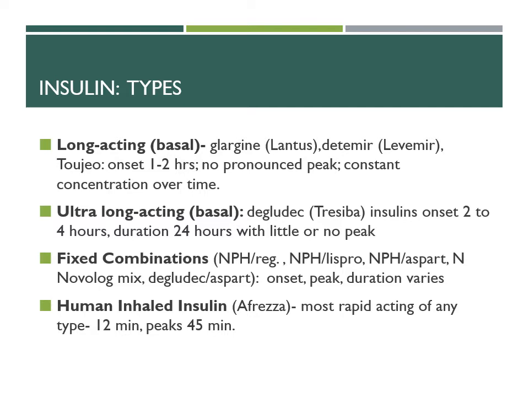But they are cheaper, so sometimes we will need to use them. And then there is human inhaled insulin, which I haven't seen, but which may be used in some settings. Afrezza, which is the most rapid acting of any type, with a very quick onset of 12 minutes.